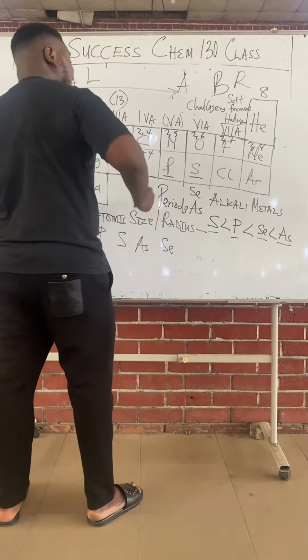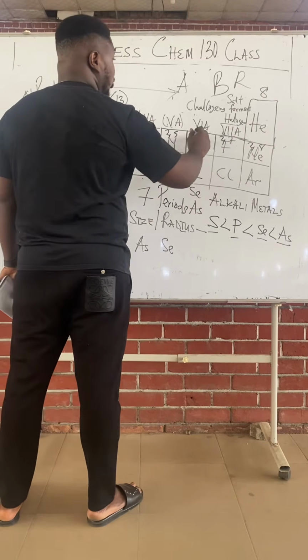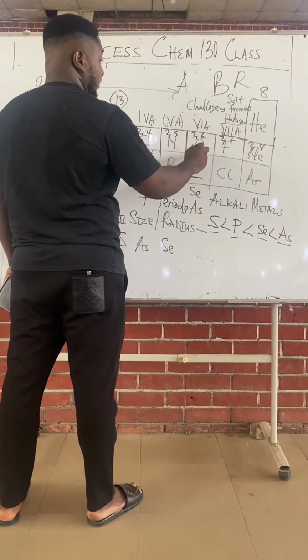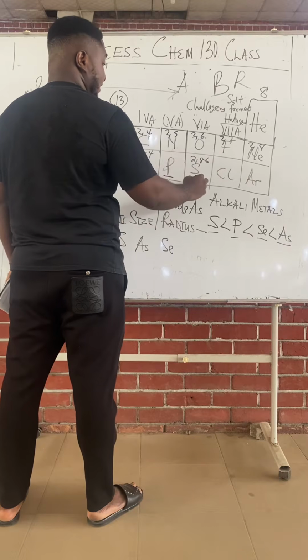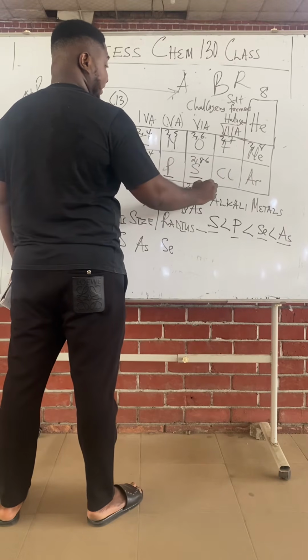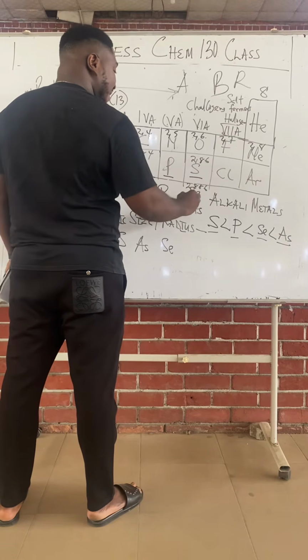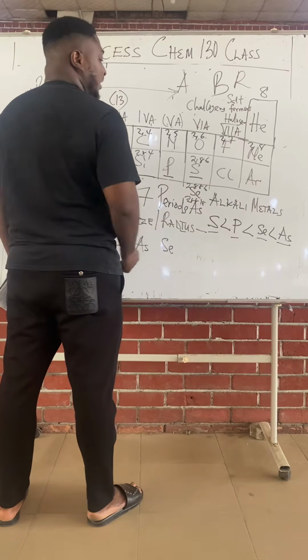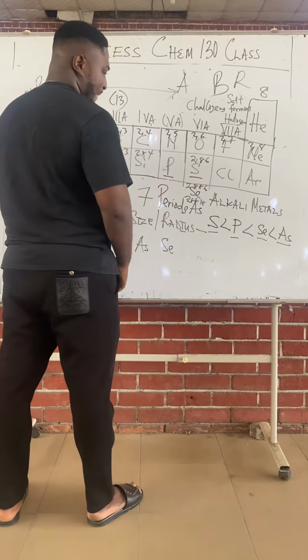So class, if you look at this now, if this is 2,6, this is 2,8,6, then 2,8,8,6, the shell is getting bigger, maybe 2,8,18,6, you understand? Now, the shell is getting bigger.